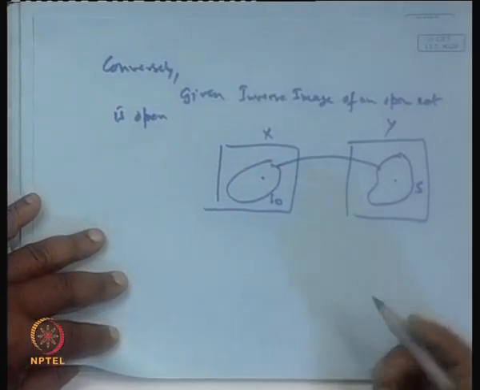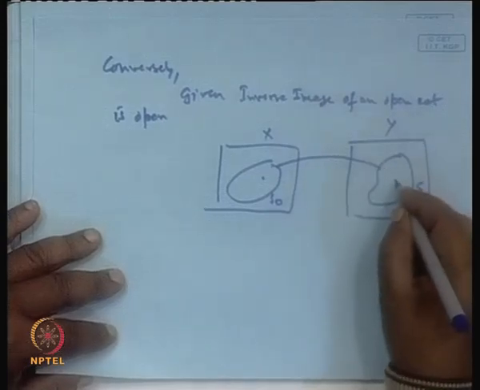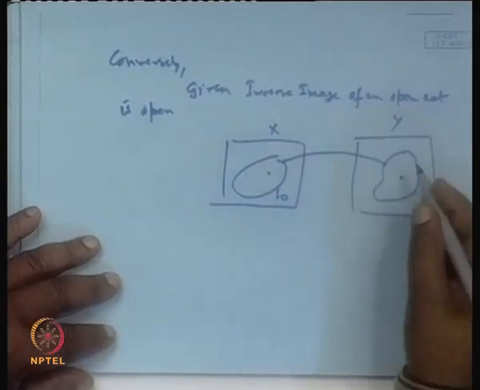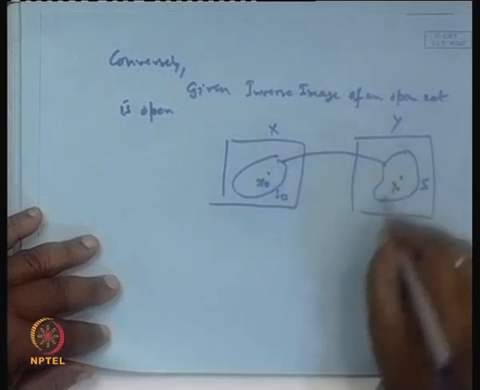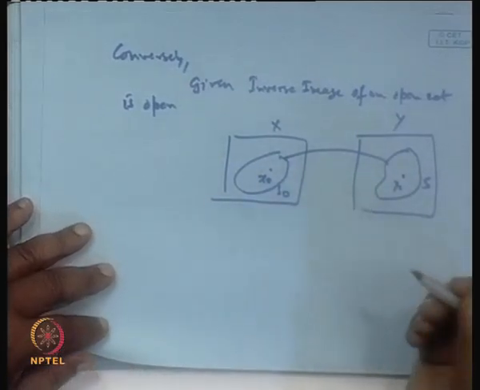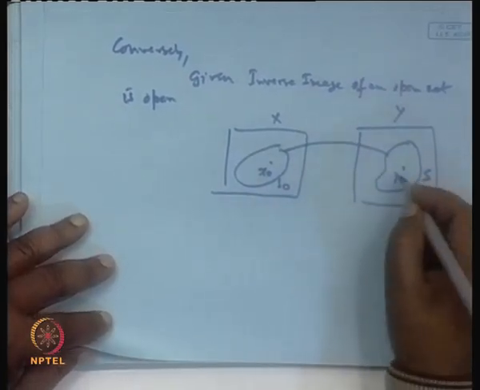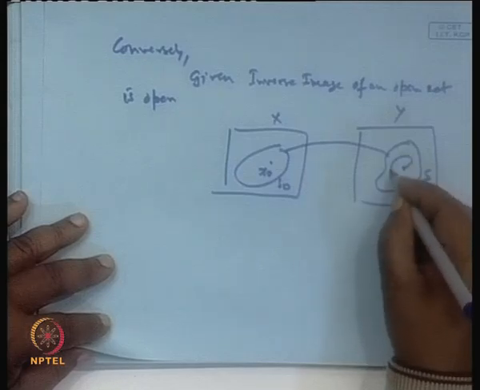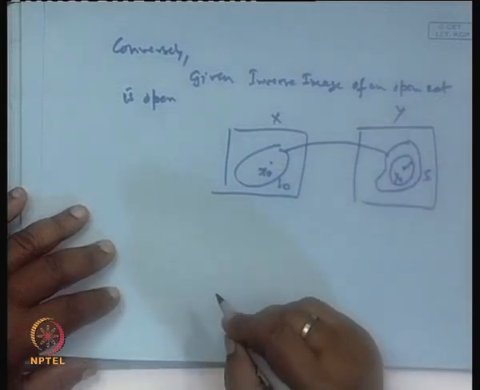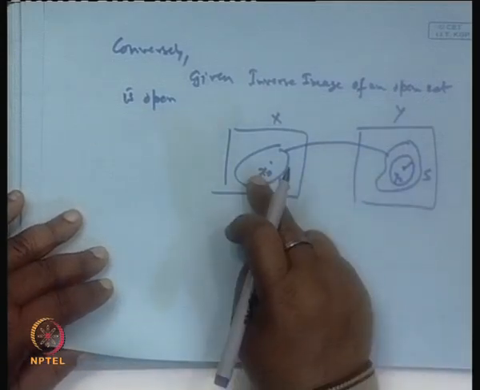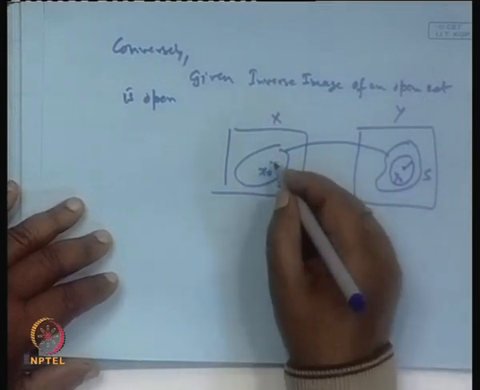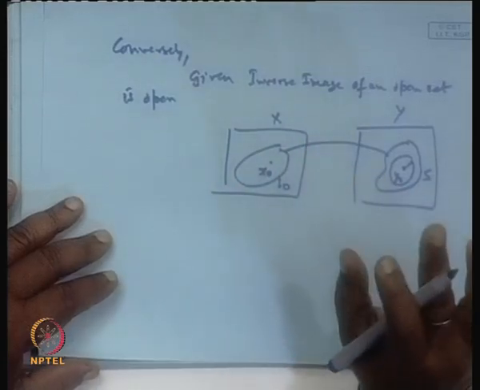So, what we do is take any arbitrary epsilon here, x naught belongs to X, the image will be say y naught. Now, if we take any delta neighborhood of this, which is totally contained inside it, the image of this will fall here, because T is given to be continuous.